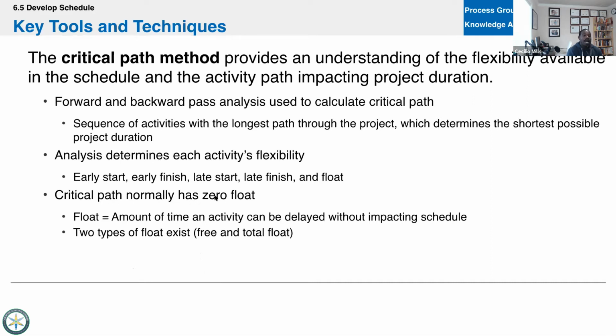Now, I say least amount because yes, when you first do this, you better get 0 float when you very first do it, or else your math is wrong, right? And you'll see because we have to set the early finish equal to the late finish and then work backwards. So you got to have 0, but as you're running your project, it's very common to have the critical path have some float, right? So just whichever one has the least amount of float.